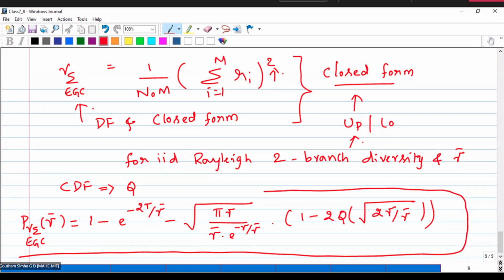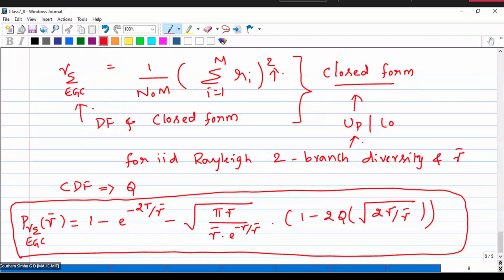Now you ask me a question saying that how do you derive this CDF? This can also be derived. What are all the things you need to understand before you derive the CDF?